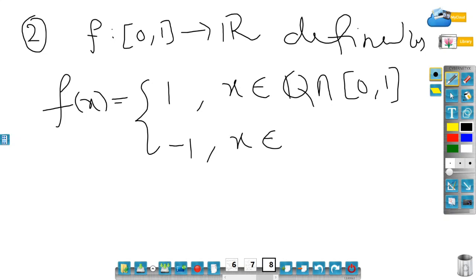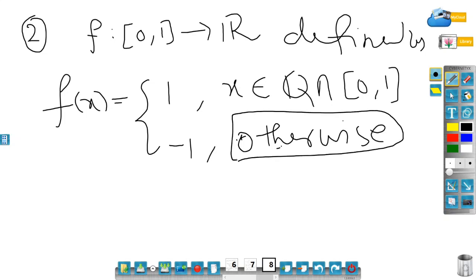Instead of this I will say otherwise. Or some people even say, instead of saying otherwise, x belongs to closed interval 0, 1 minus the rational numbers.